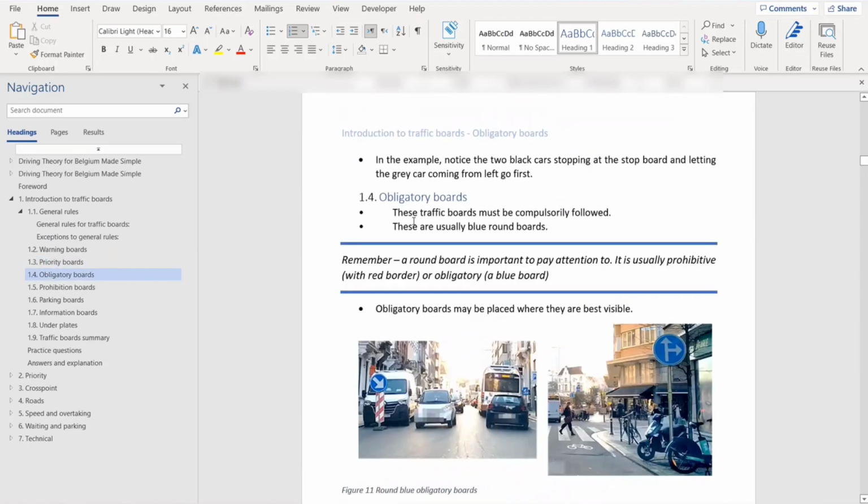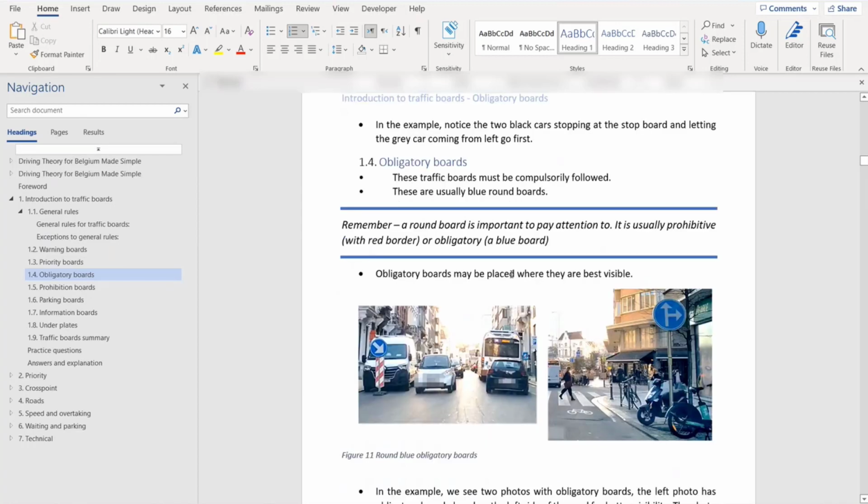The next is obligatory boards. These traffic boards must be compulsorily followed. We have discussed this. These are blue round boards. A round board is important to pay attention to. It is usually prohibitive with a red border or obligatory, a blue board. Obligatory boards are placed where they are best visible.